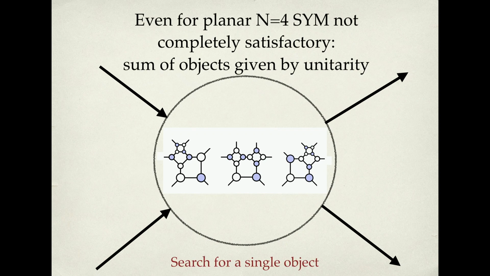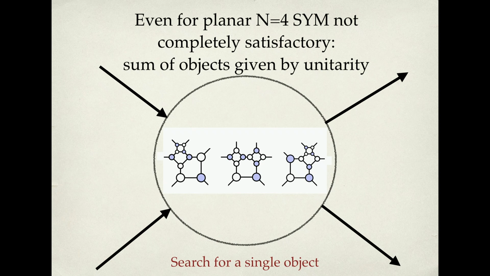Now, but even for planar N equals 4, this is not a completely satisfactory picture. Because I was looking for a single object, that the amplitude is a single object fixed by constraints, and then you can rewrite it using some expansion, like Feynman diagrams or on-shell diagrams. But it's still a sum of objects.